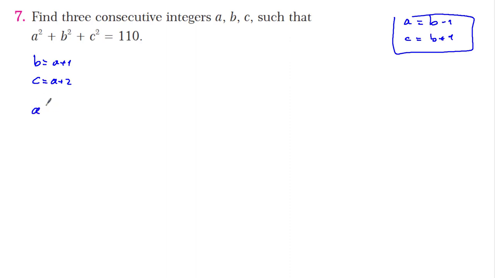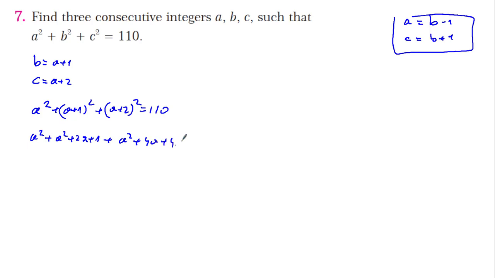So a squared plus a plus 1 squared plus a plus 2 squared is 110. That means a squared plus 2a plus 1 plus a squared plus 4a plus 4, it's 110.